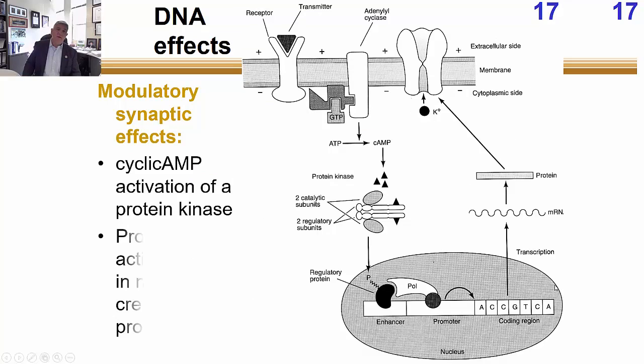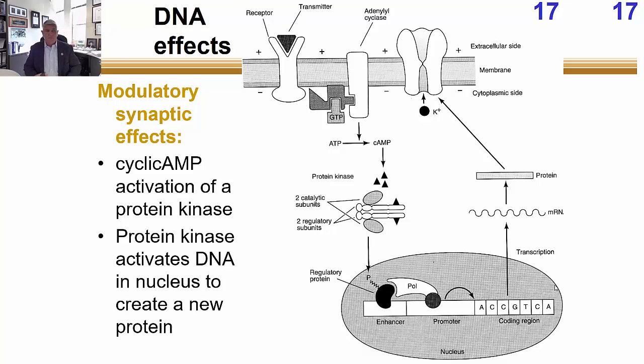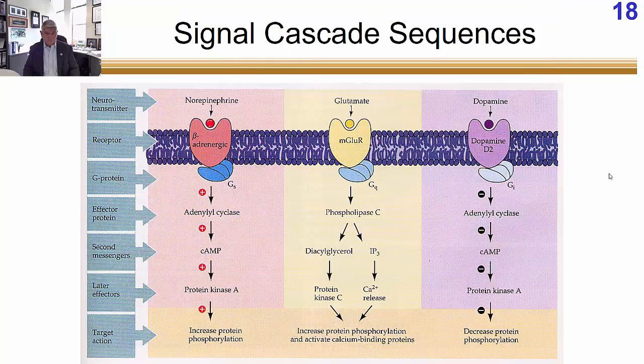And then finally, another benefit of G protein coupled receptors or metabotropic receptors is that this enzymatic pathway can go act on the DNA to actually create new proteins, new channels, more neurotransmitter receptors. Again, all sorts of things that change the excitability of that cell.